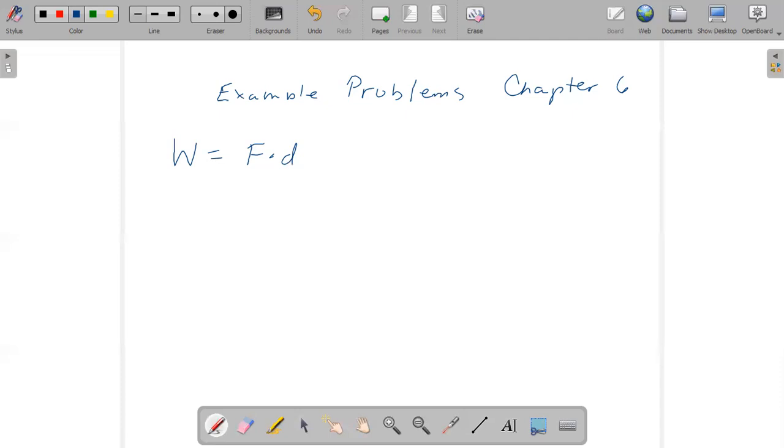Okay, so work is F d cos theta, and it's F d cos 90, so that's going to be a whole 0. So work equals 0. So Earth does no work on the moon because the direction of the force is perpendicular to the direction of motion.